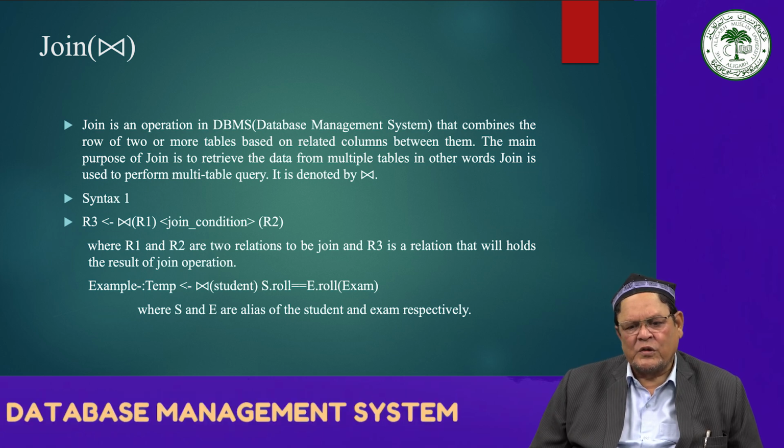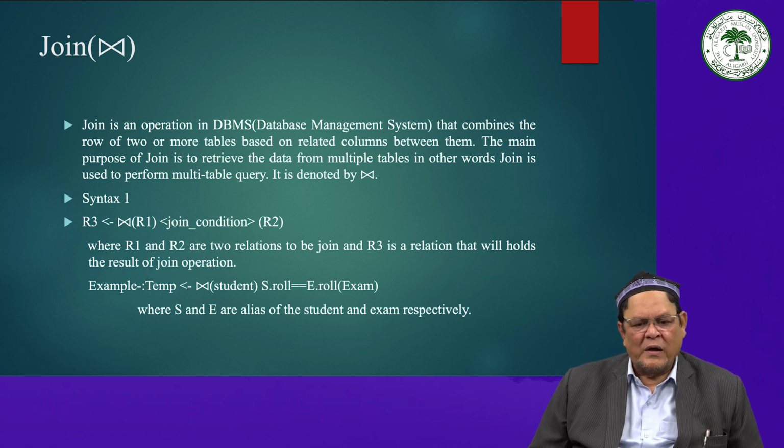or relationships. Common types of join include inner join, which returns rows with matching values in both tables, and outer joins, which include rows from one or both tables, even if there are no matching values in the other tables.